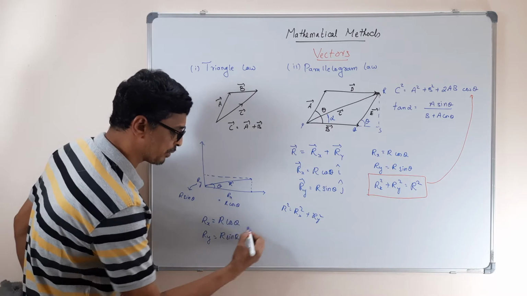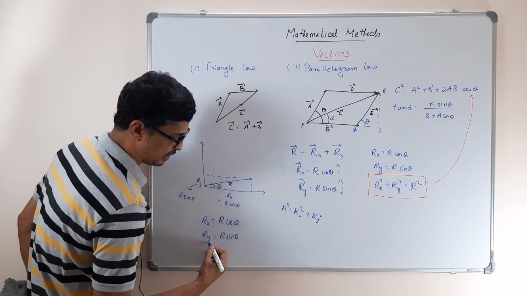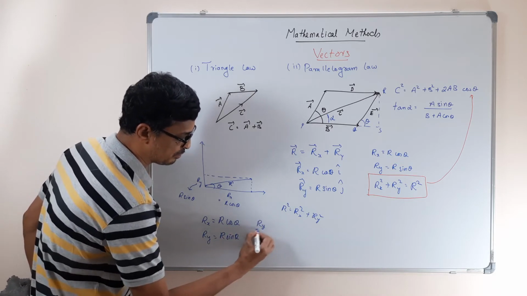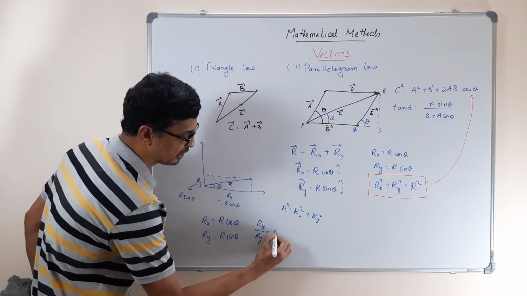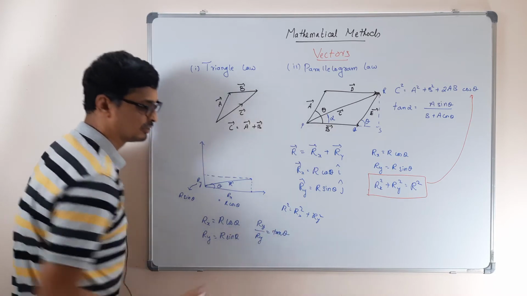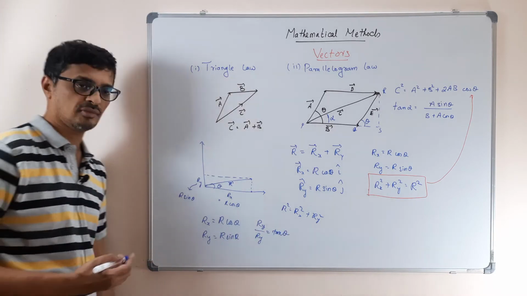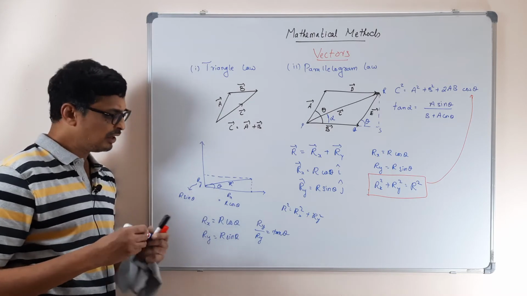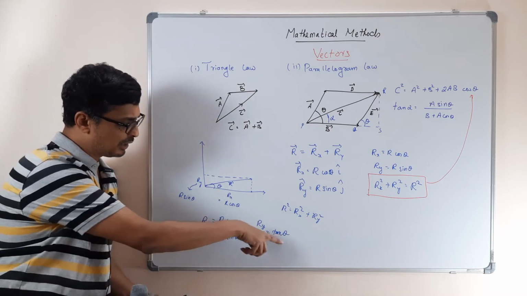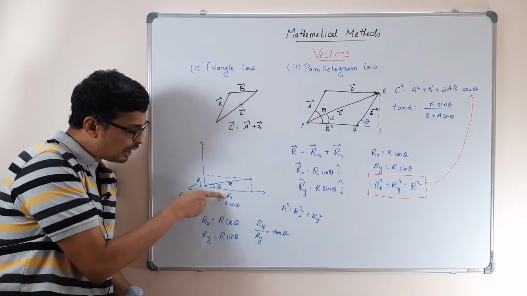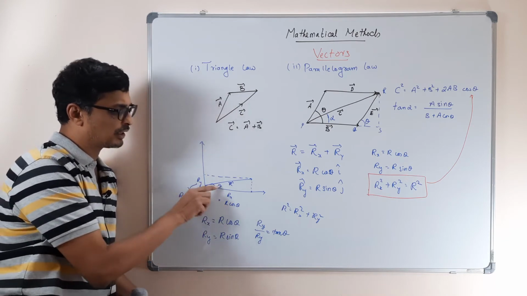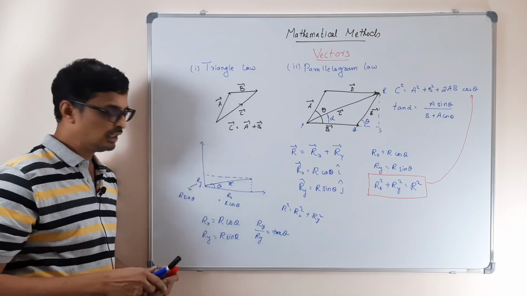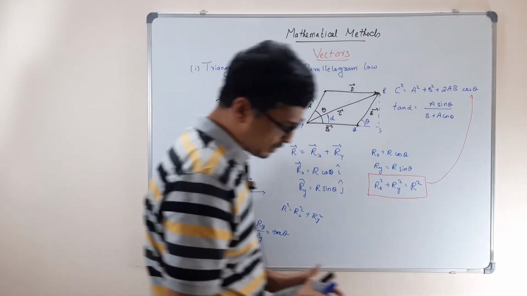Ry by Rx will be tan theta. So this is the way. This gives you how your Rx component and Ry component are connected to the angle with the x vector.